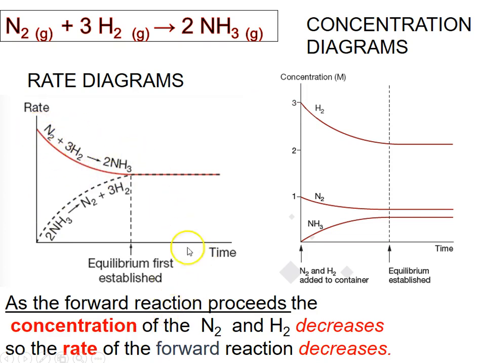And then as your particles collide, the concentration goes down, so the frequency of collisions goes down, so the rate will go down. Because they're both reactants, they'll both move in the same direction together when we're analysing these later on.